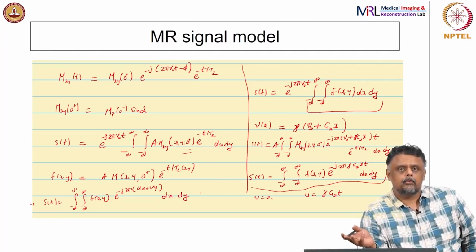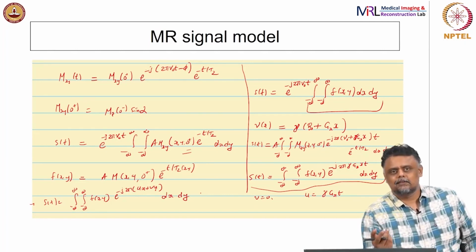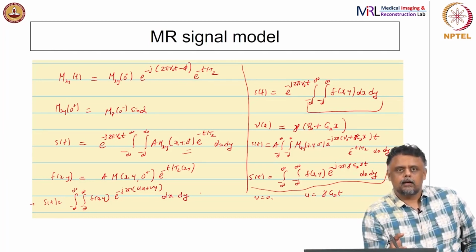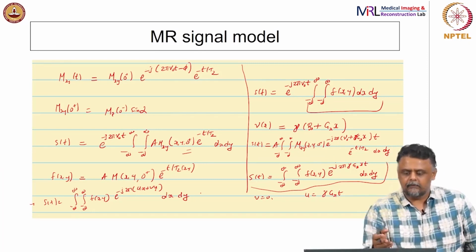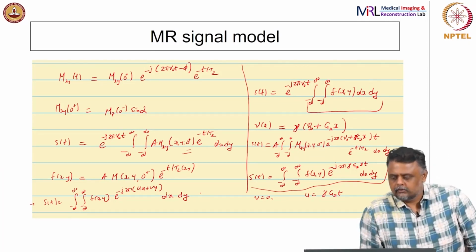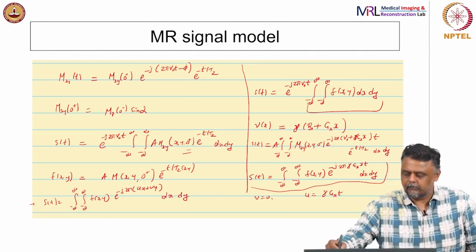This is basically in the form of a Fourier transform, where we are integrating over the spatial variables. So, we have the spatial frequencies corresponding to u and v being defined here.